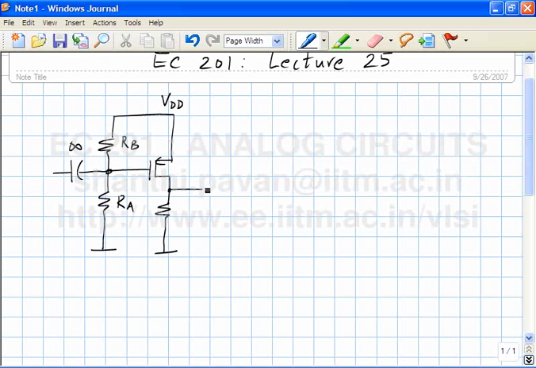As usual, the source and the load are coupled capacitively to the amplifier through infinite capacitors, and in practice we realize that it is not possible to have infinite capacitors. So how would you choose the size of the capacitor?